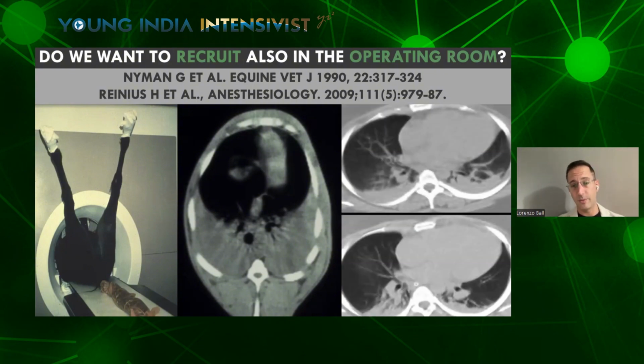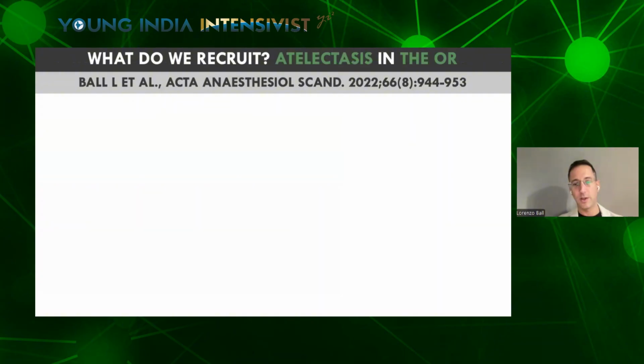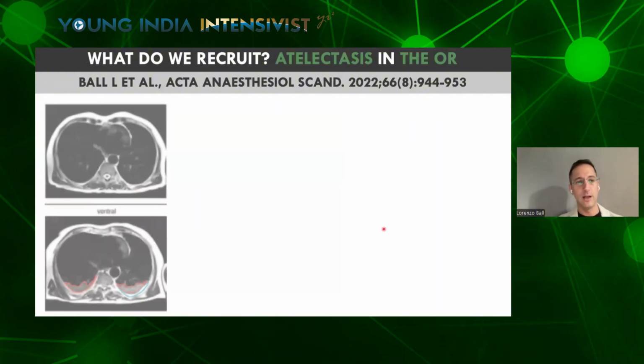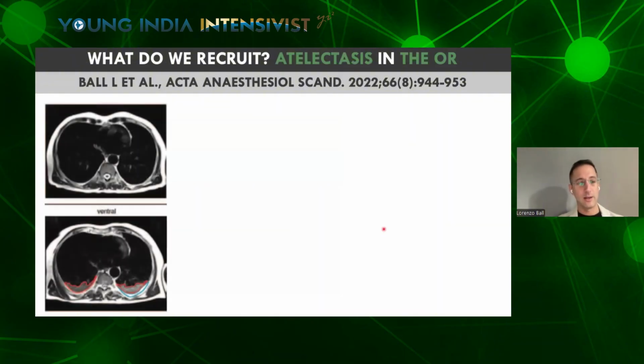And this has also been confirmed in patients undergoing general surgery. This is especially true for obese patients, in which the loss of muscular tone due to NMBA use induces dorsal lung collapse. As you can see, this is a study we did with MRI.